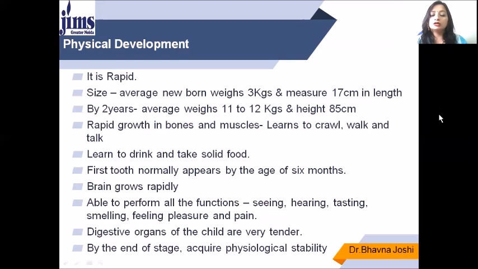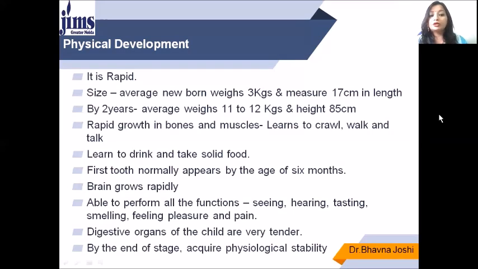Similarly, he is able to take the food and put it in his or her mouth on his own. So these are a few little things which a 2-year-old child can do. The first tooth at this particular stage normally appears at the age of 6 months.